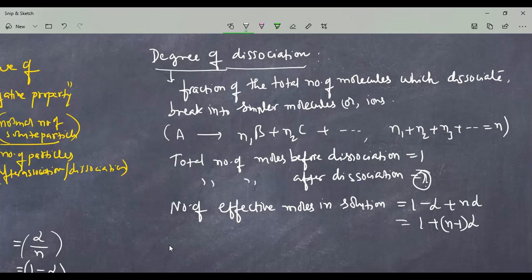What is this 1? 1 is the total number of moles before dissociation. The total number of moles after dissociation we are getting is the value 1 minus alpha plus n alpha. So 1 minus alpha plus n alpha is that value, the effective number of moles in the solution.